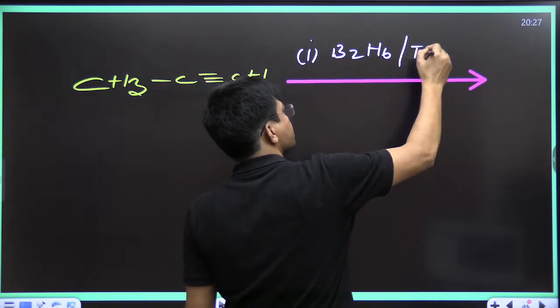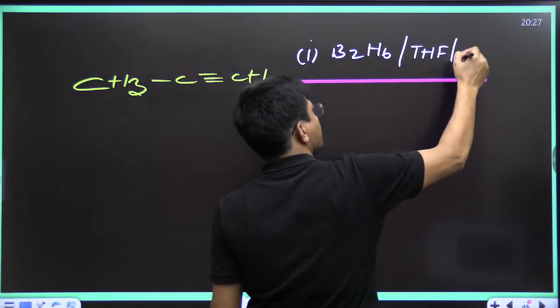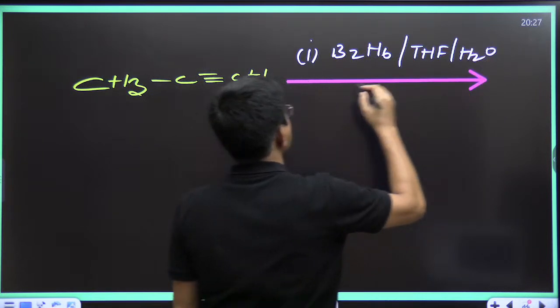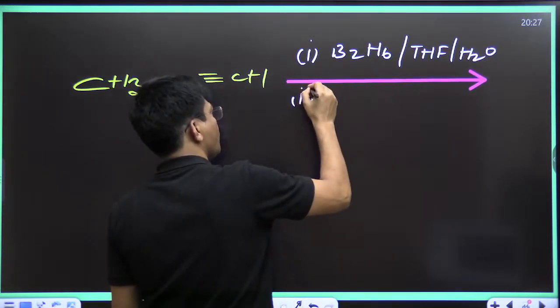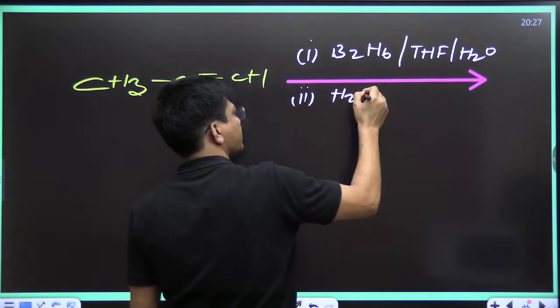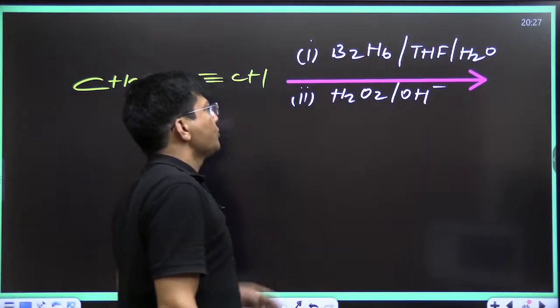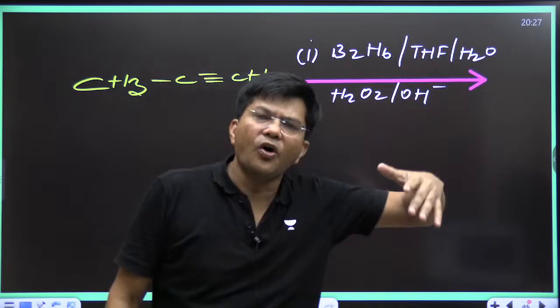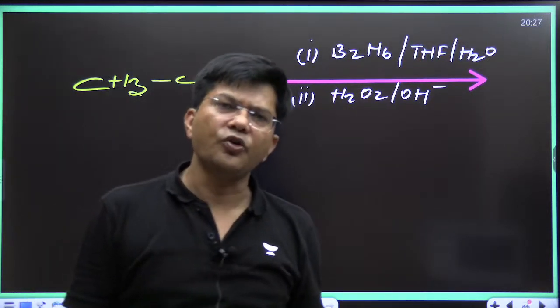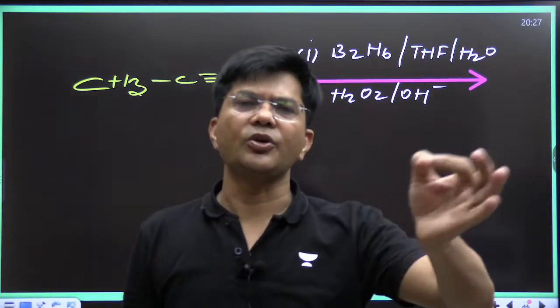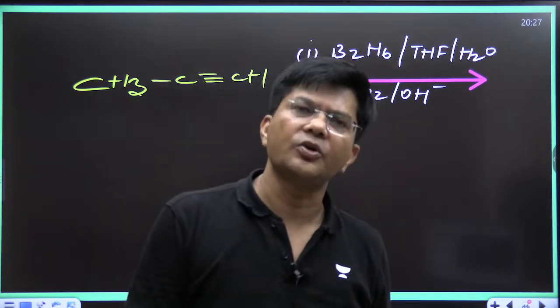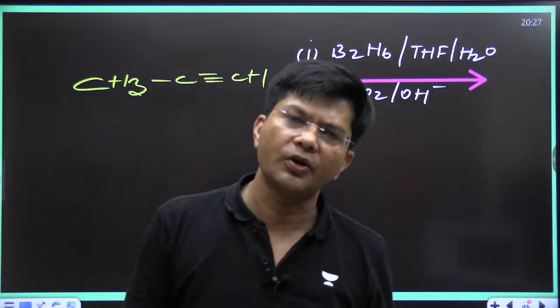B2H6, THF, water, second is H2O2 OH negative. One way is that you can go with addition of water by anti-Markovnikov's rule. The negative part of the reagent will go to that double bonded or triple bonded carbon which has more hydrogen atoms.